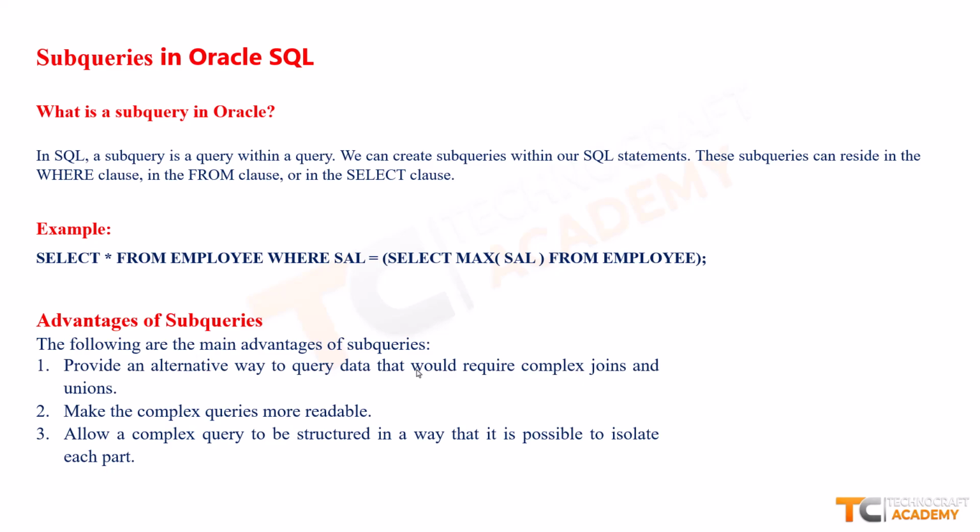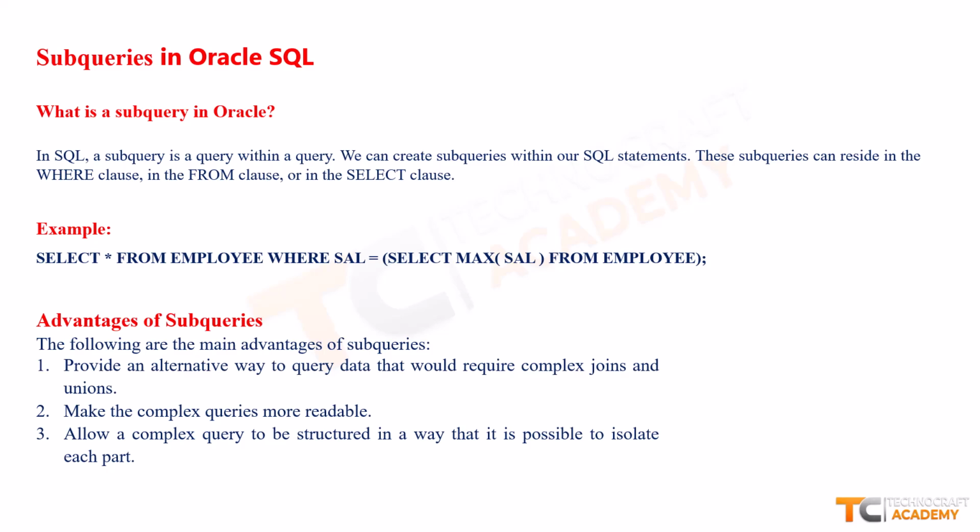That will also help us shorten the query length, as well as avoid all the complexities involved. They make complex queries more readable, and also allow complex queries to be structured in a way that makes it possible to isolate each part. Sometimes including a lot of joins and unions may confuse the person who is new to the topic, so using a subquery helps ease readability as well as structure.